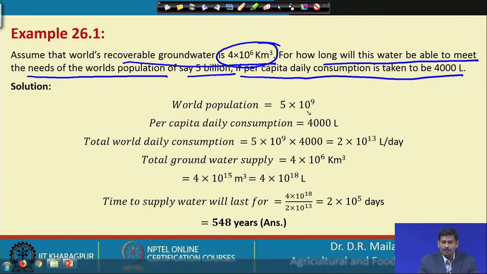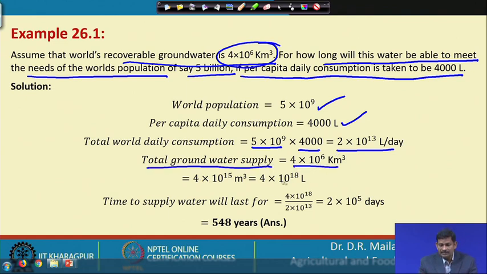So, the world population is 5 into 10 power 9, that is 5 billion, and the per capita daily consumption is 4,000 liters. The total world daily consumption is population times per head, so 2 into 10 power 13 liters per day is the total world water consumption per day. The total groundwater supply is 4 into 10 power 6 cubic kilometers.